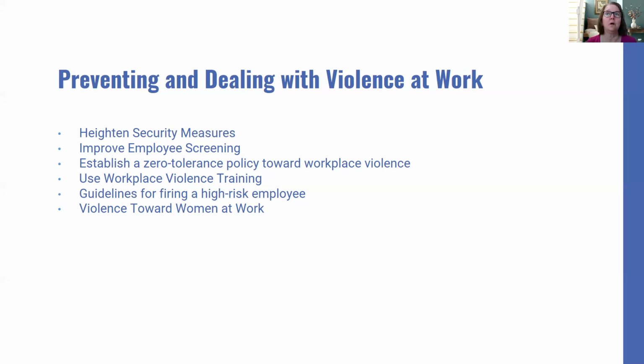We had one classroom where a student pulled a gun on a professor, not on my campus, but on a different campus. You use workplace violence training. You train everybody on what to do.